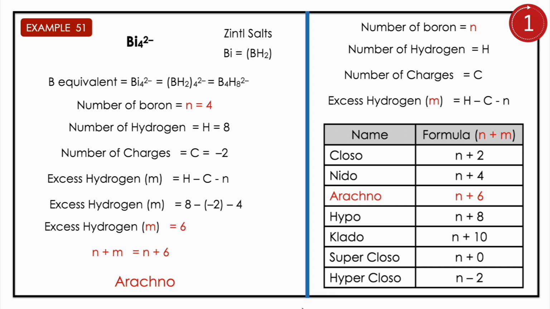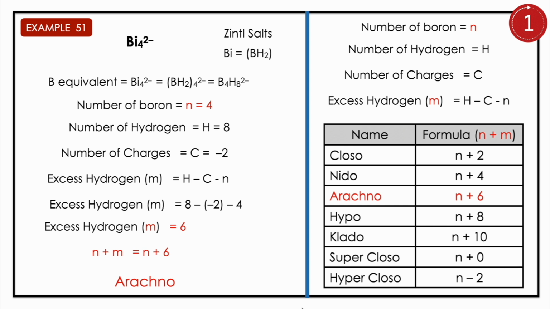First step will be counting the boron. There are 4 boron, so N equals 4, and 8 hydrogen, so H equals 8. Charge is minus 2, so C equals minus 2. So the excess of hydrogen will be H minus C minus N. So M equals 8 minus of minus 2 minus 4.